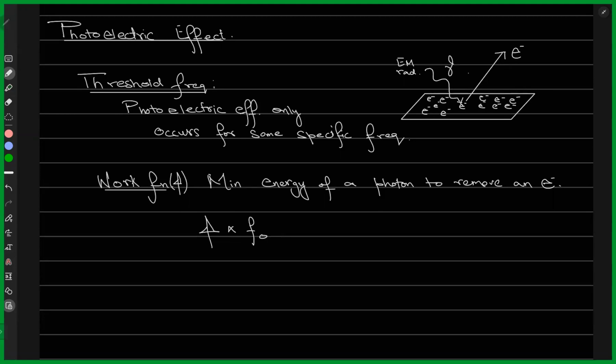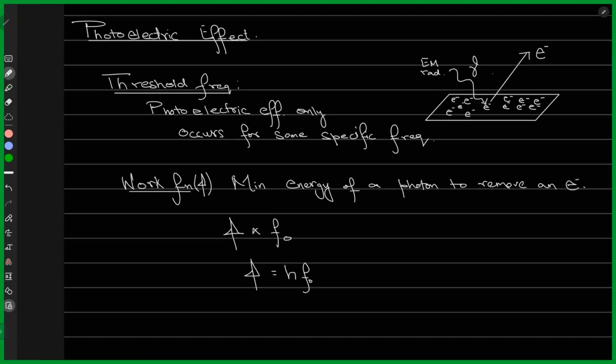It is again the minimum energy of a photon that is needed to remove the electron from the surface, which is coming from the threshold frequency. So if I get rid of this proportionality and convert it into an equality, it becomes some constant h times f naught. h is known as the Planck's constant, right?